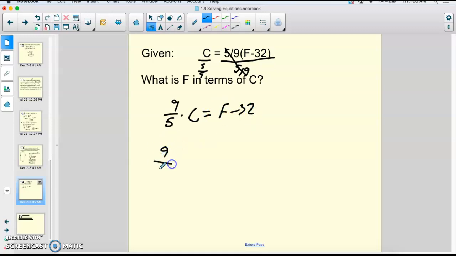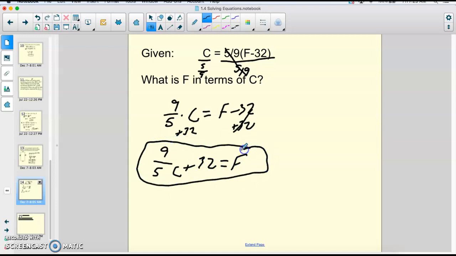So 9/5 C. And we're going to have to add 32 to both sides, right? Plus 32. And now we have isolated F. And we got F in terms of C. So that's all it is, just moving everything over to the other side and getting this variable by itself.